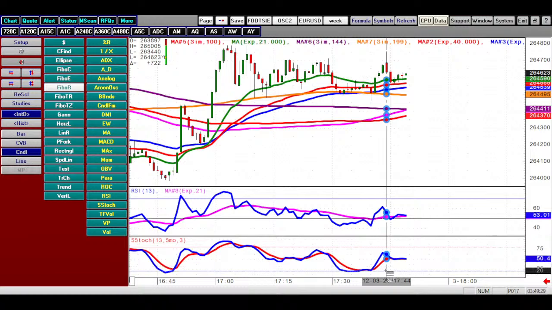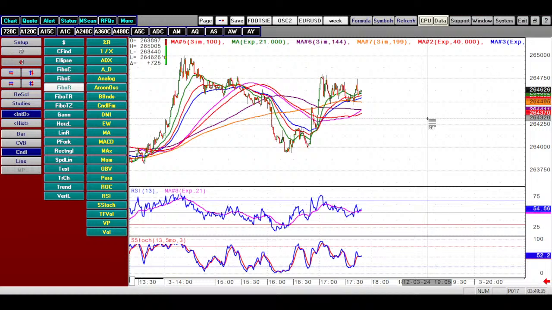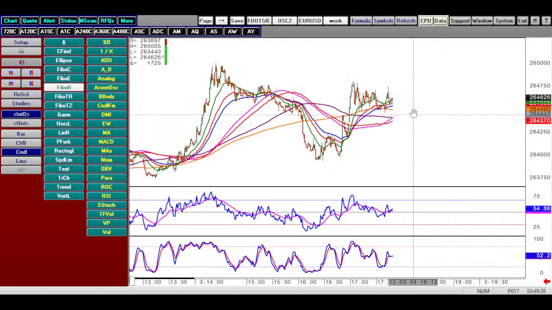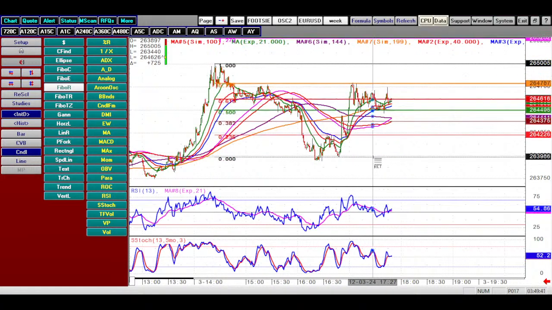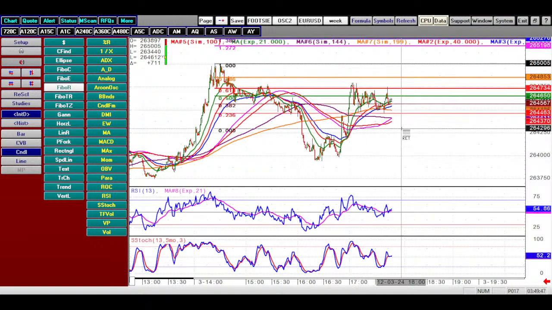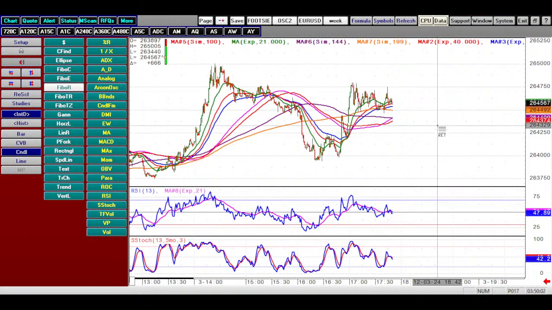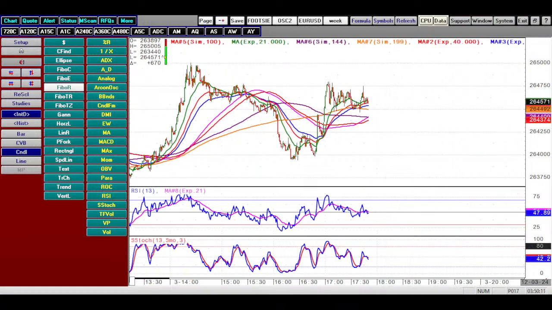So here we need to see this 42 low break. Then we can be pretty sure that the high is seen, it's making lower highs, and we should see lower lows. Then we can be pretty comfortable on this trade.